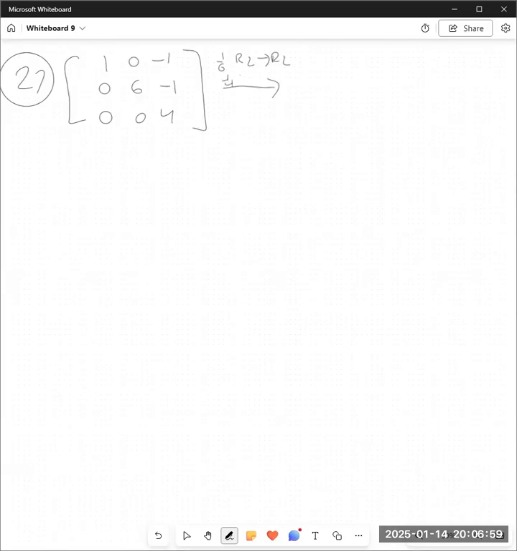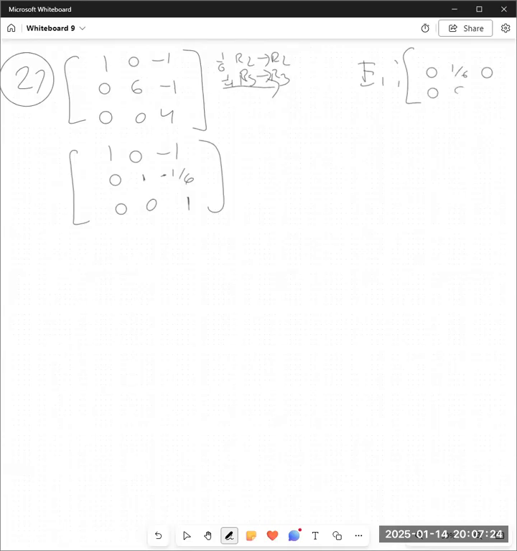And while I'm at it, 1/4 of row 3 to produce a new row 3. That's going to give me 1, 0, -1, 0, 1, -1/6, 0, 0, 1.